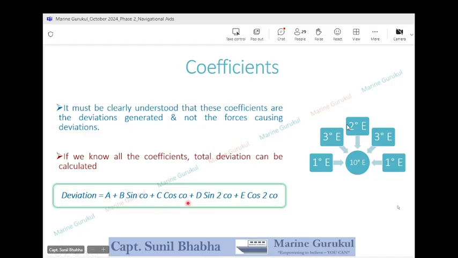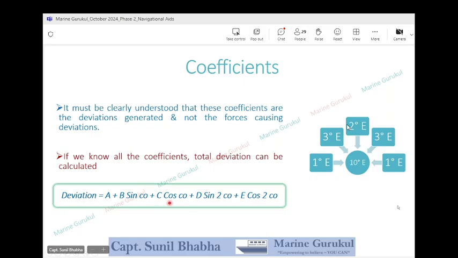If you look at the third part, you will see on a northerly or southerly heading, 000 heading, this coefficient will give the maximum contribution to deviation. Because on 0 heading, cos of 0 has the maximum value, which is 1. So this part gives the maximum contribution to the total deviation. However, when the ship goes on an easterly course, cos of 090 becomes 0.